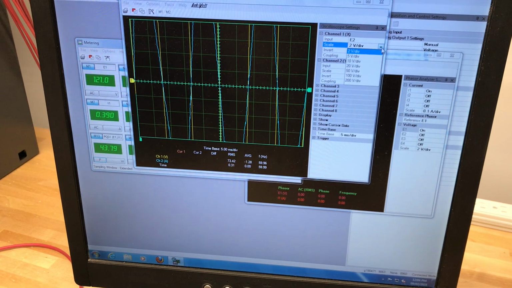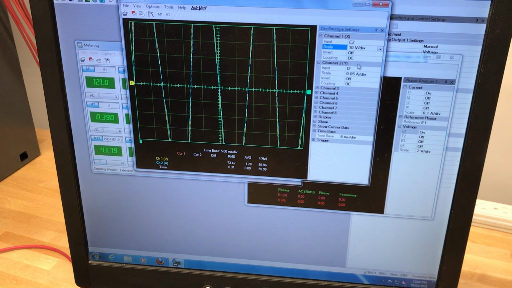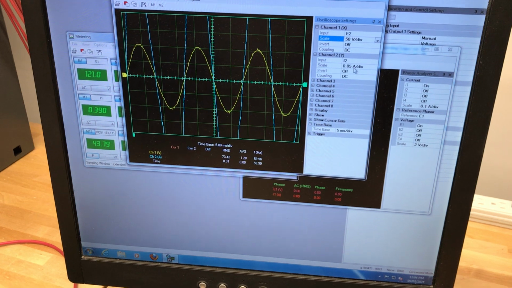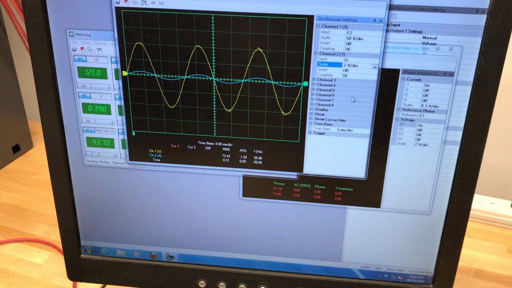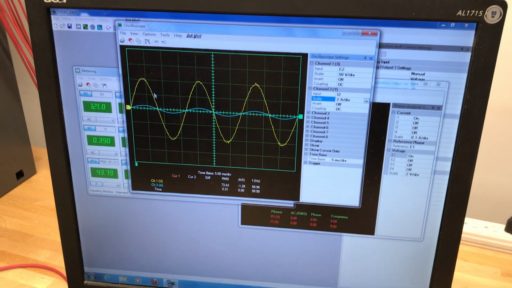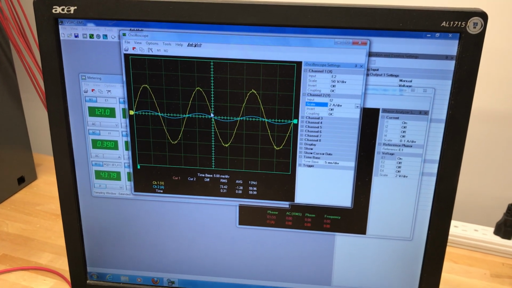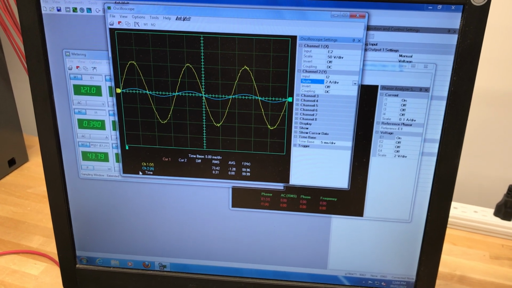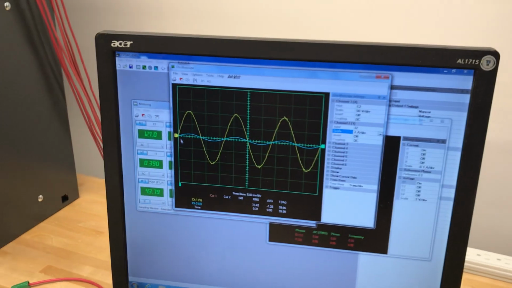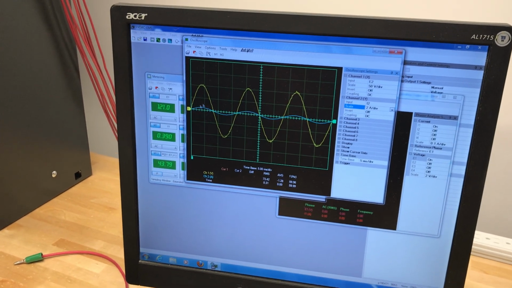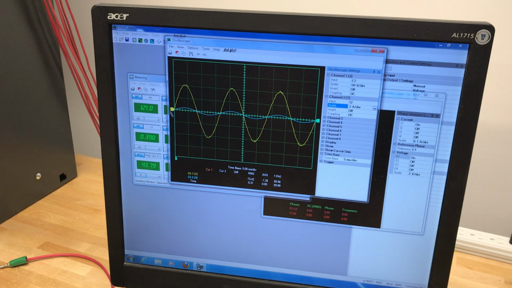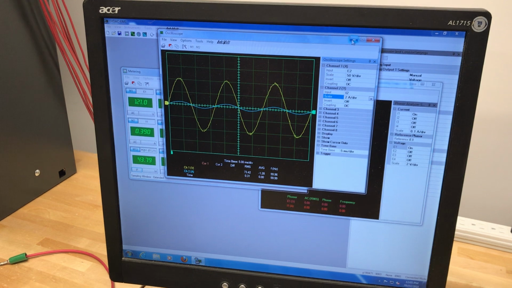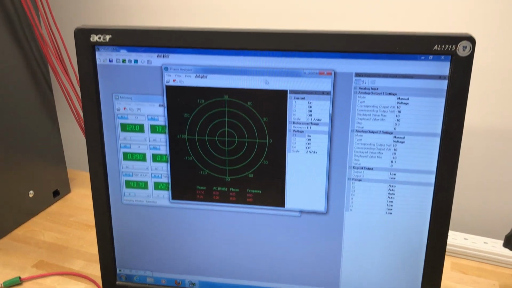And I can change here the voltage per division to show it more, and I can change the voltage per division here, as you are seeing the relation between the voltage and the current in case of the RL circuit, in case of the resistance, because I'm measuring the voltage, which is yellow, across the resistor, and I'm showing you the current in the RL circuit. Like what you are seeing, they are in phase. There is no phase shift between them because you are talking about the voltage and the current in case of a resistor.